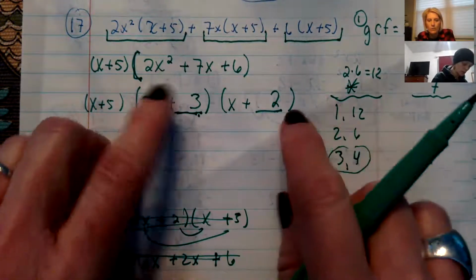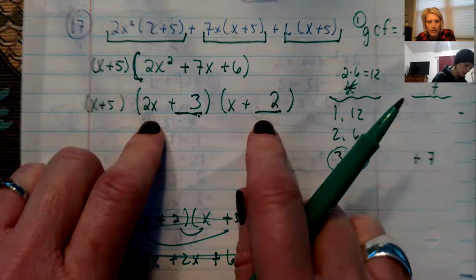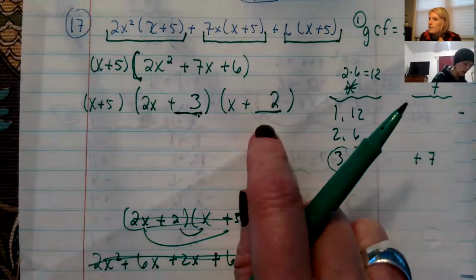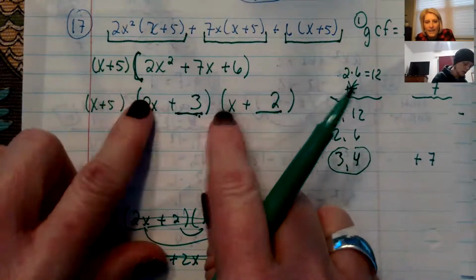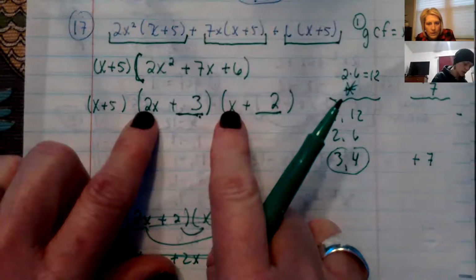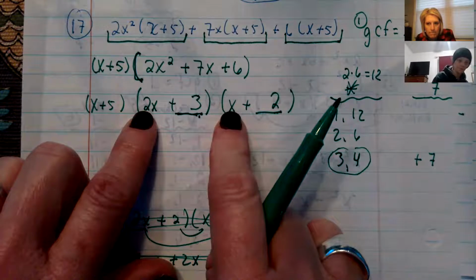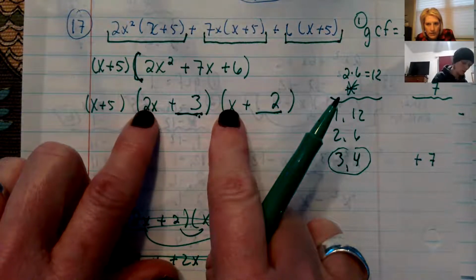So what I do is I just use my fingers to do some checking, like when you get your hair cut and the lady checks your hair: does this side match this side? I just use my fingers and ask, do these two multiply to make 2x squared? And they do.